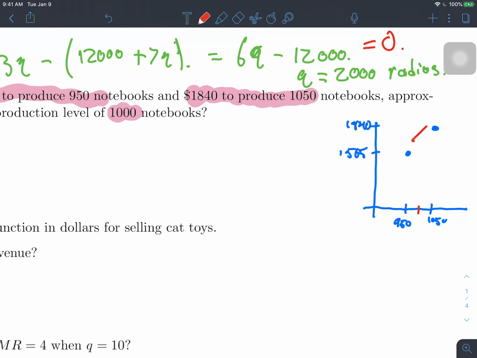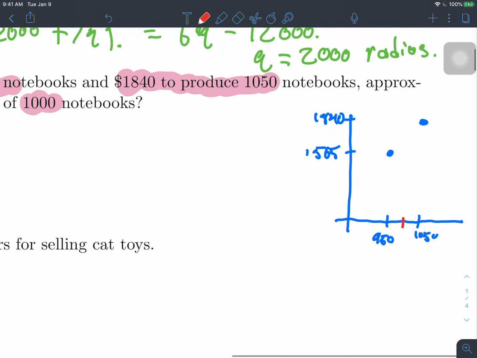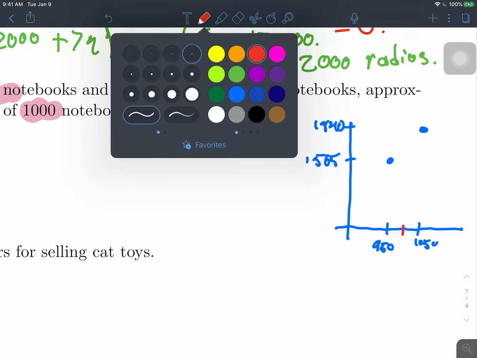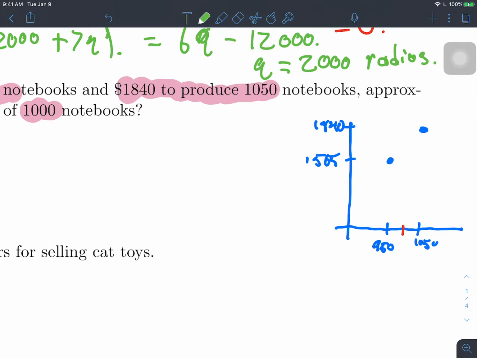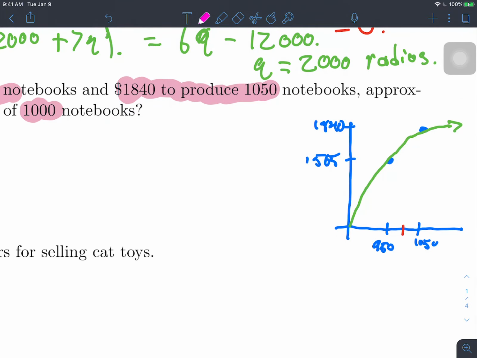Okay? But the complicating factor is we don't actually know what our function looks like. Okay, we're dealing with a cost function here. So let me draw in some possibilities. Okay? We might have something which looks something like this. Or maybe our cost function looks something like this.